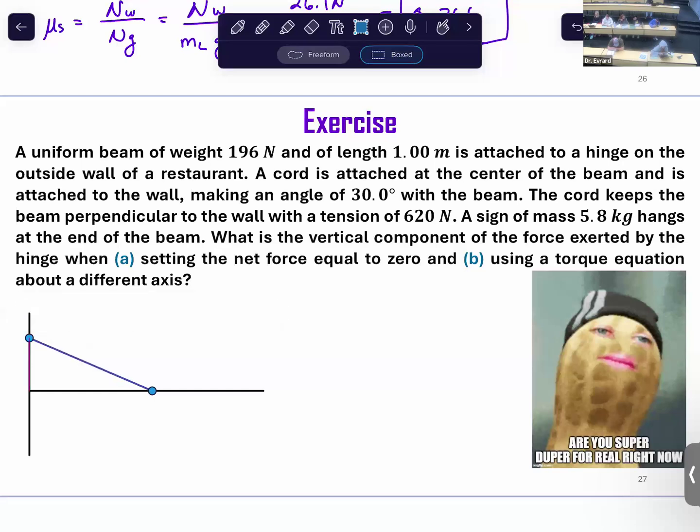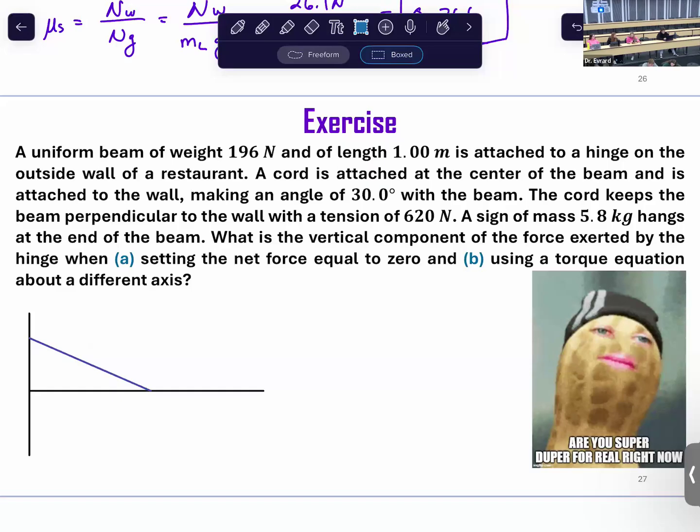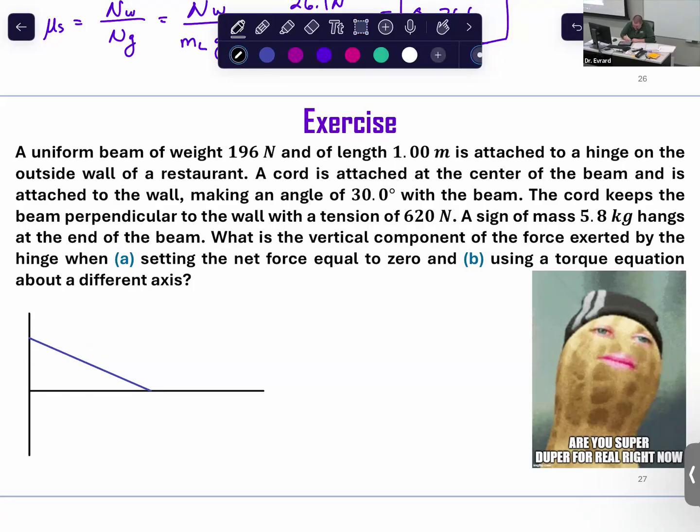This was just made into a pole on the wall, like maybe one of those things that hangs above the door. So then you have the cable here, like that. There's your hinge.